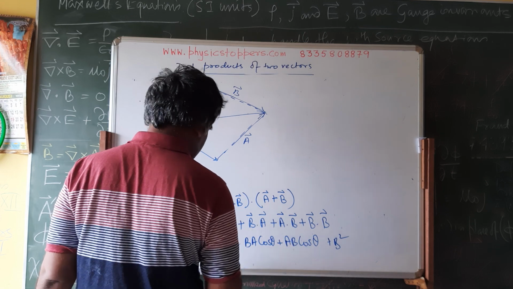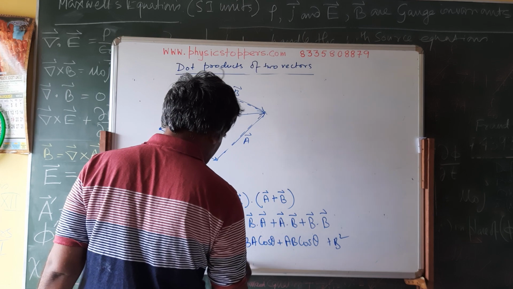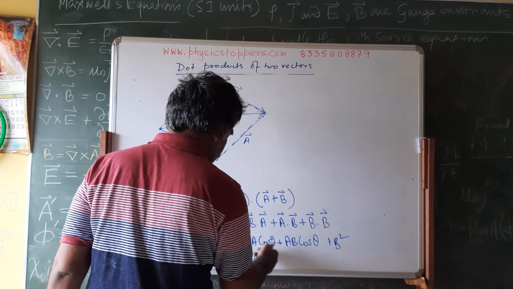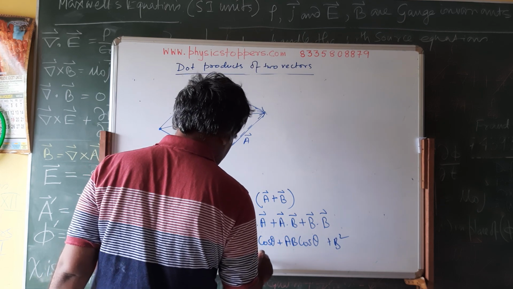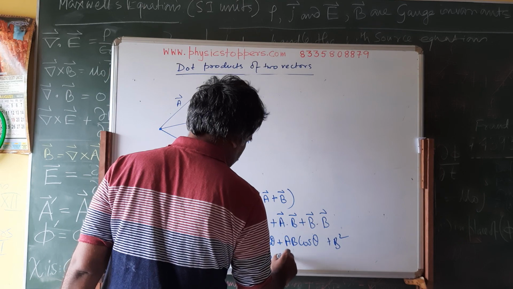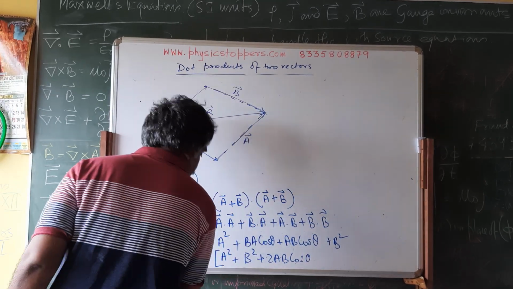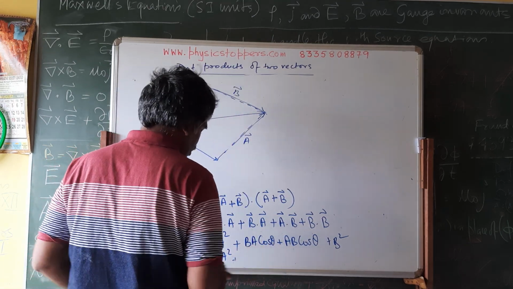So this is A square plus twice AB cos theta plus B square. You better write B square first, because that's the standard way of writing. Anyway, you write the product.